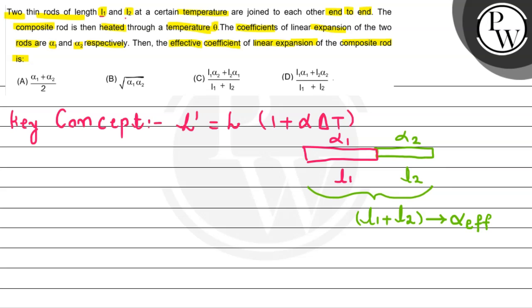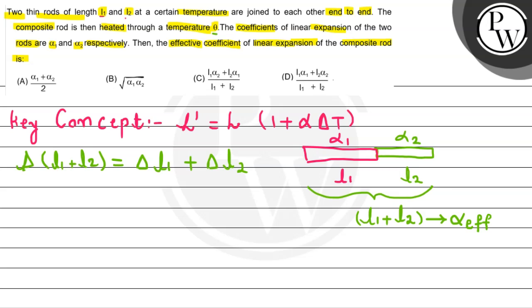Now by using the formula, when the temperature changes by theta, there will be an expansion in the length of the rods. Let's say the new length of this composite rod is L1 plus L2 after expansion. This should be equal to the new length of the first rod plus the new length of the second rod.